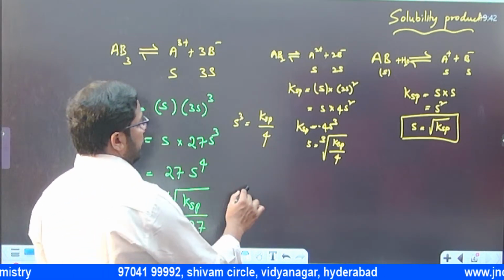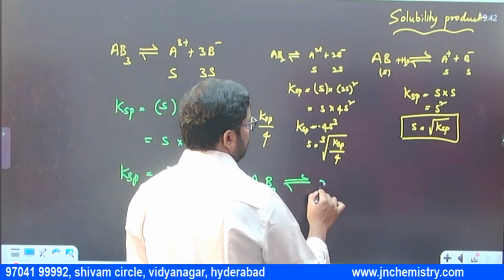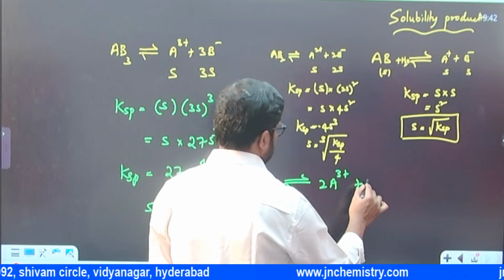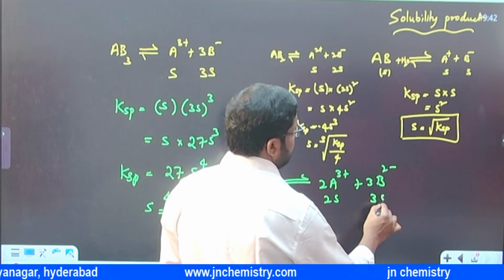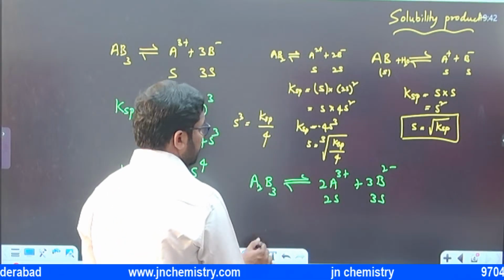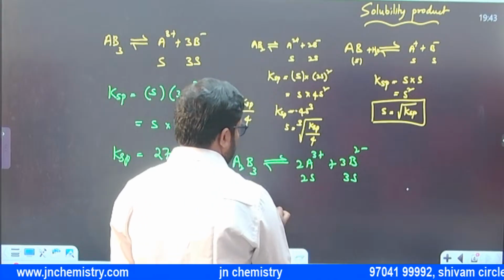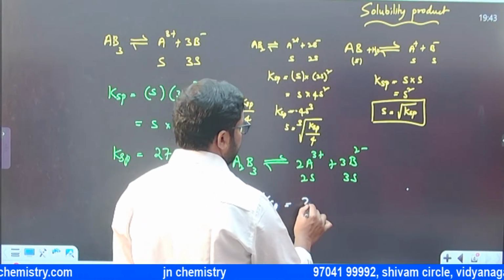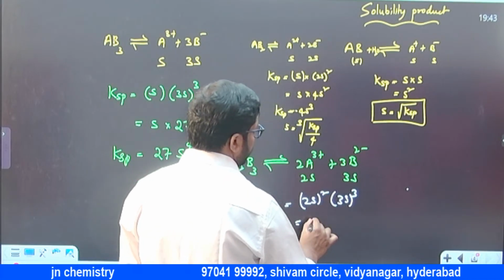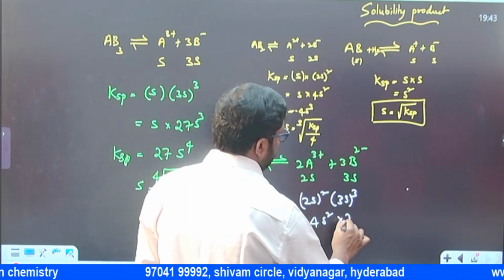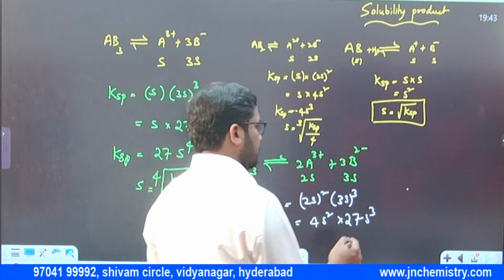Next, A2B3 type. 2A 3 plus and 3B 2 minus, meaning 2S and 3S. Ksp is equal to 2S whole square into 3S whole cube, that is 4S square into 27S cube, nothing but 27 into 4, 108.